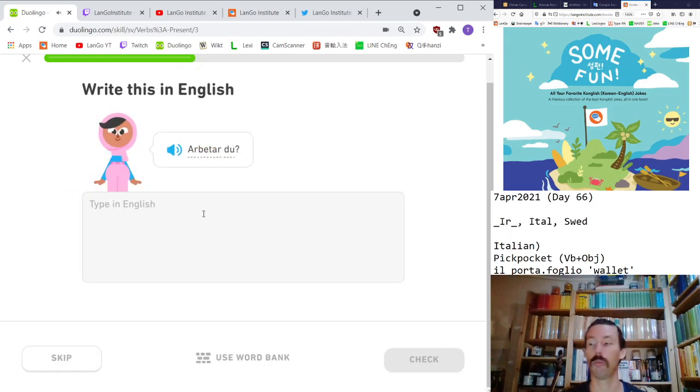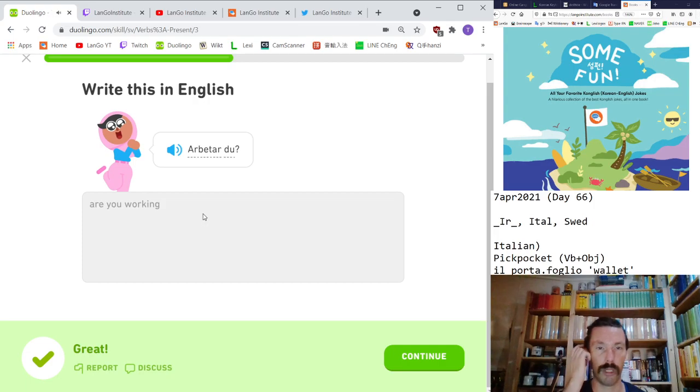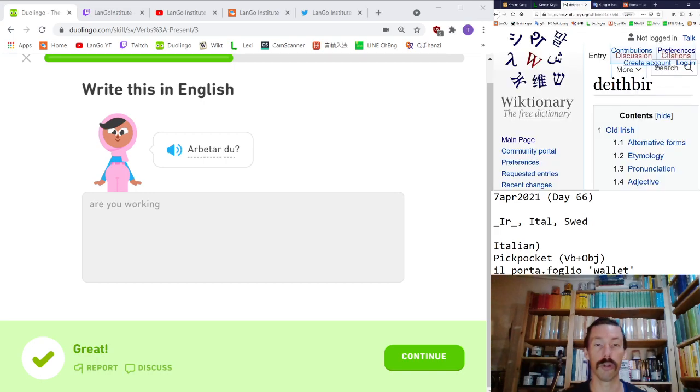Arbetar du? Are you working? Just like German arbeiten. This is probably a loan from German. Arbetar. That T there. In a dictionary we're going to put in the infinitive arbeta with that A at the end.